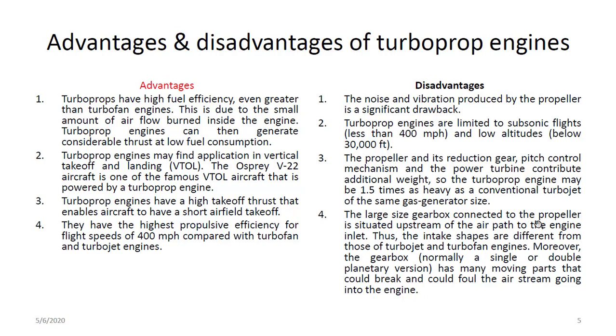The other reason is that these engines are limited to subsonic flight, that is less than 400 miles per hour, and low altitude. If you need to fly supersonic or transonic, these engines will not work, because as I said in the introduction, as the speed approaches Mach number equal to 1, there will be compressibility effects.